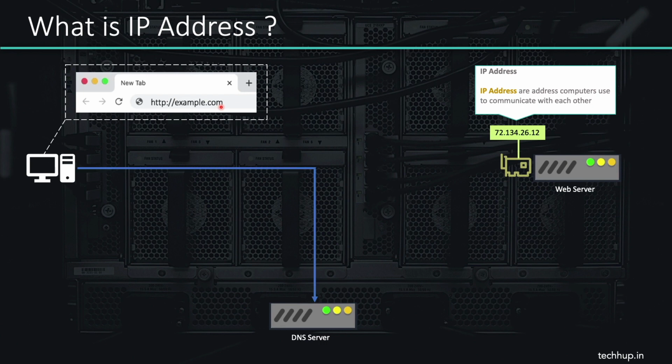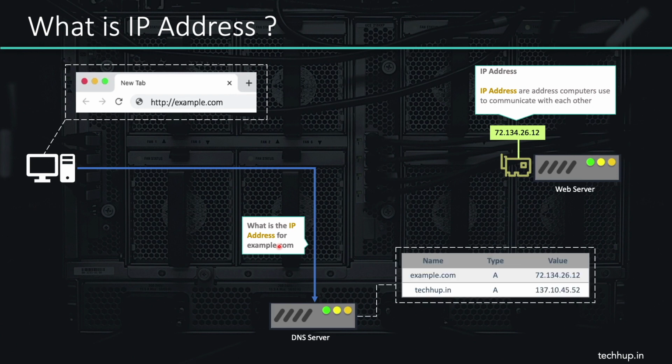So your computer would send in a request, a query to fetch the IP address corresponding to example.com. The DNS server basically is a lookup database of domain names where you can find the corresponding IP addresses. So once the query is received, the DNS server would look up in its database for example.com and it will return the corresponding IP address of example.com back to the computer.